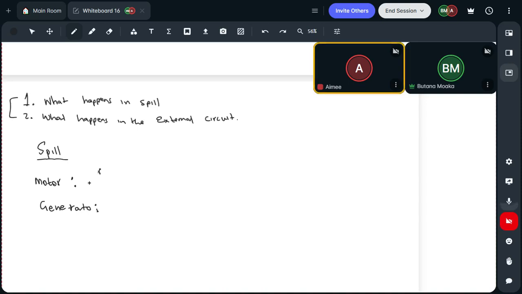Right. So in motor, it gives the current. The current gets movement.